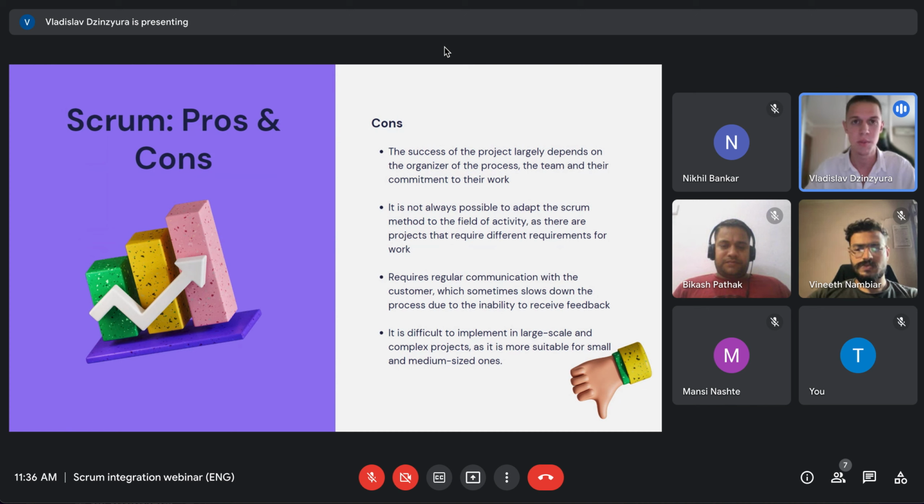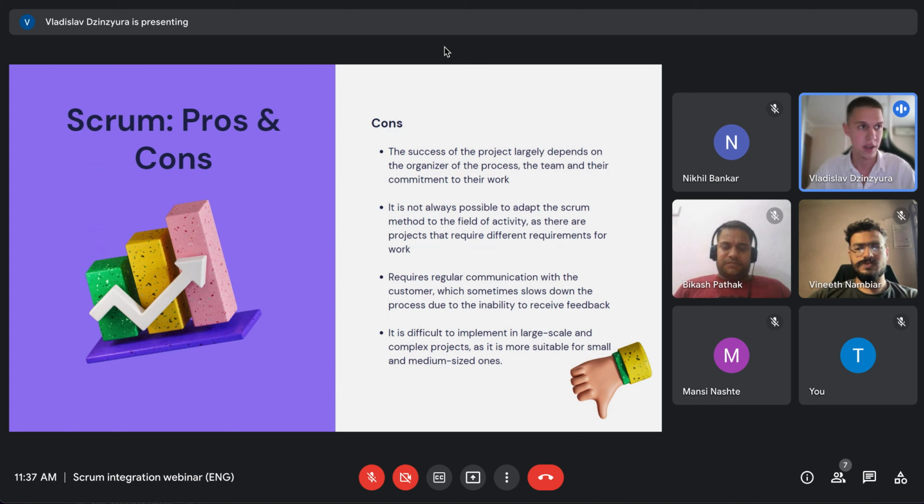So according to the book or some guidelines, in our case, we have some projects where we can fully work with Scrum, but we also have some projects where we can take some important or useful things to adapt in others. Also, Scrum requires regular communication with the customer, which sometimes slows down the process due to the inability to receive feedback.